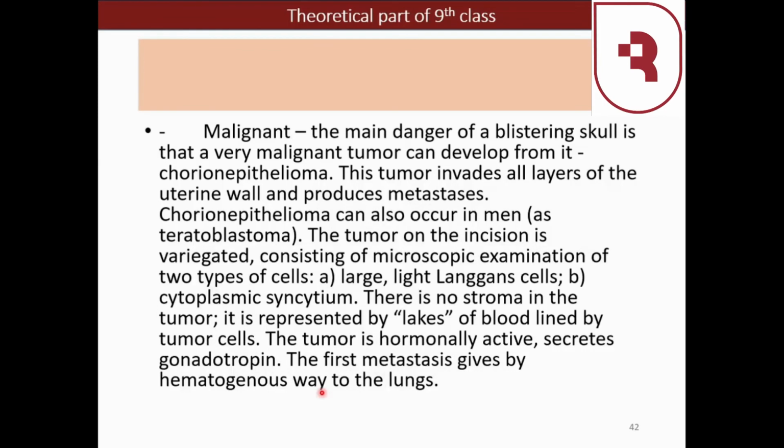The tumor is hormonally active, secretes gonadotropin, and metastasis goes by the hematogenous way to the lungs, and it does so really fast, one of the earliest metastases.